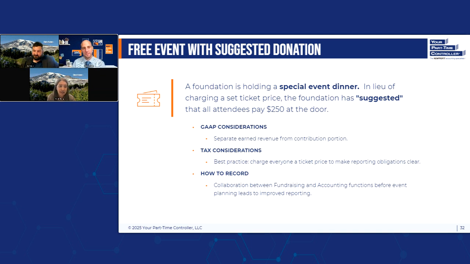For the special event, if it's a suggested donation and everyone's paying the $250, you should probably put $250 as the fair market value there. Or maybe the value is something different. And so then you just assume that the $250 is the ticket price in that case, and then the value is $100 or something for the meal that they're getting. But it gets really tricky for the donors when it is truly this free event with a suggested donation and it actually says a dollar amount there.